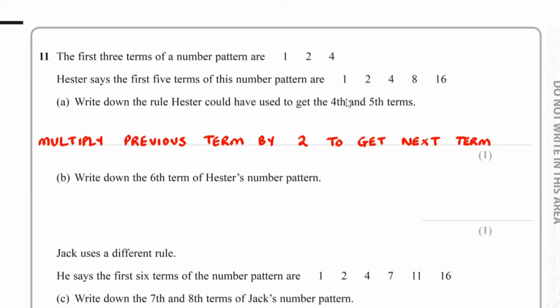So we multiplied the previous term by 2 to get the next term, and then we have to write down the 6th term. So I've got this term 16, and then if I multiply that by 2, we get 32. So the next term is 32.